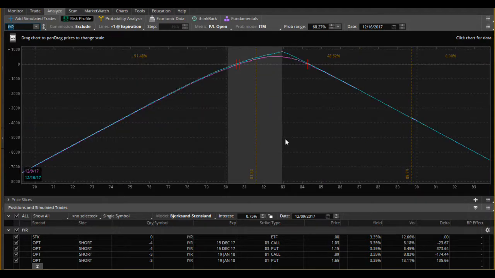As you all know, I have a semi-love affair with IYR. Interestingly, with IYR, as you can see down there, we have two positions on, one for January, one for December. And what's interesting here is that we are actually in the 25% probability of profit for December.